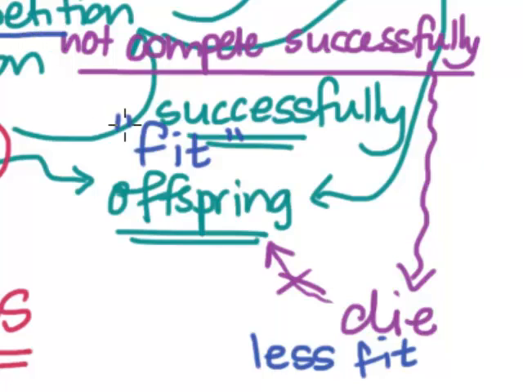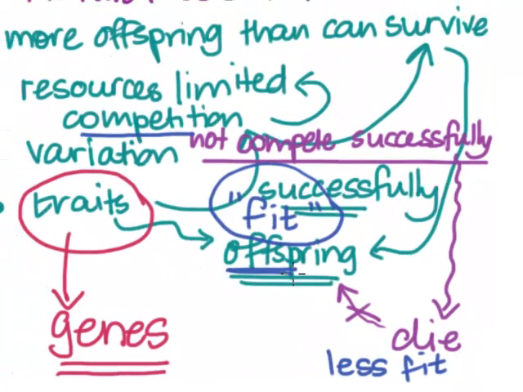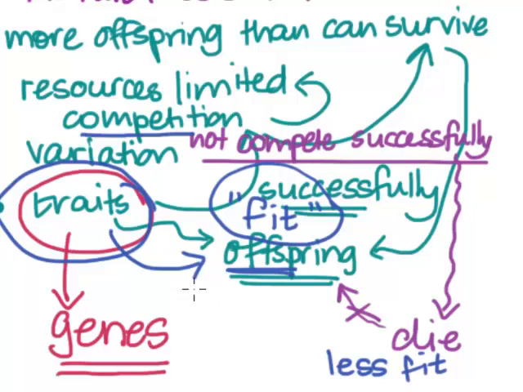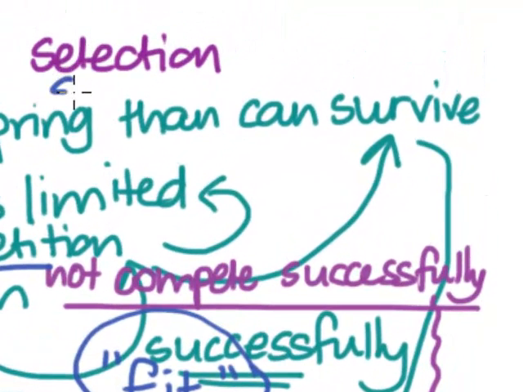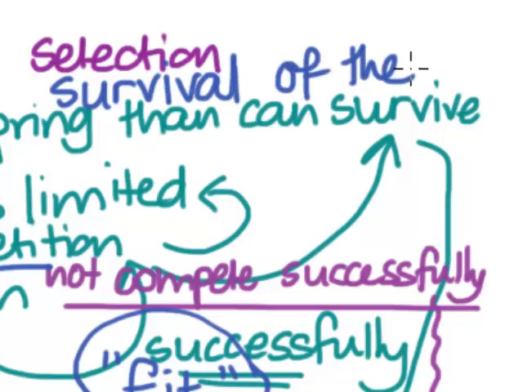They're able to compete successfully and adapt to their environment. And those organisms, he said, were the fittest in the population, and therefore his idea was that the fitter organisms would have more offspring, and of course the genes or the traits that made them fit would be passed on to the offspring. This he called natural selection, or by another term, survival of the fittest.